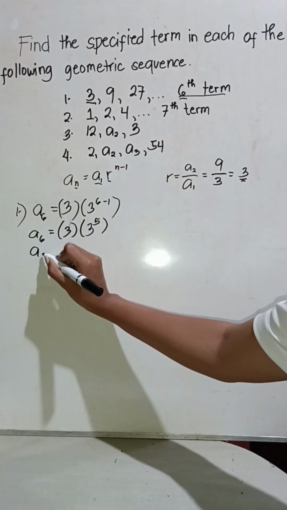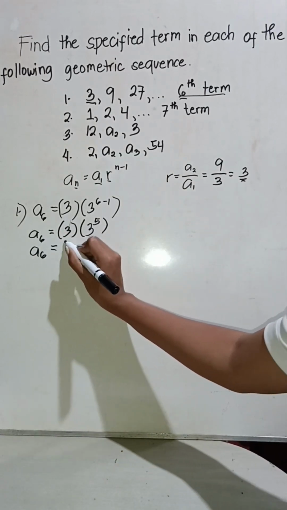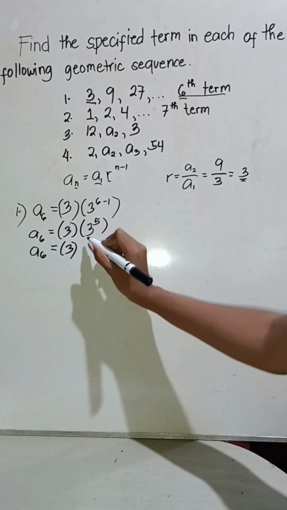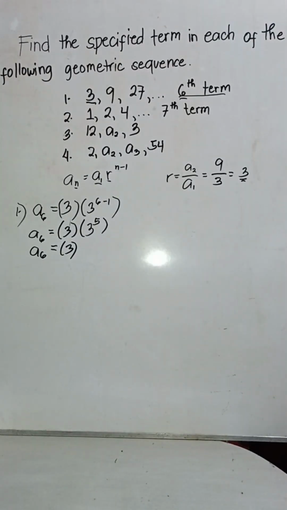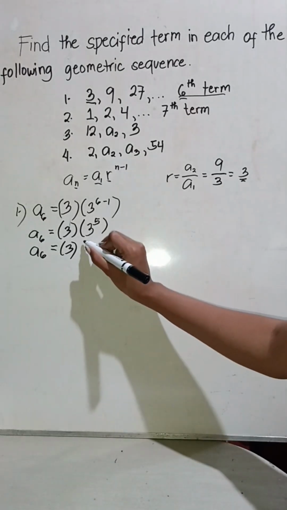Next, copy a sub 6 is equal to 3. Then 3 exponent of 5, we have 243.